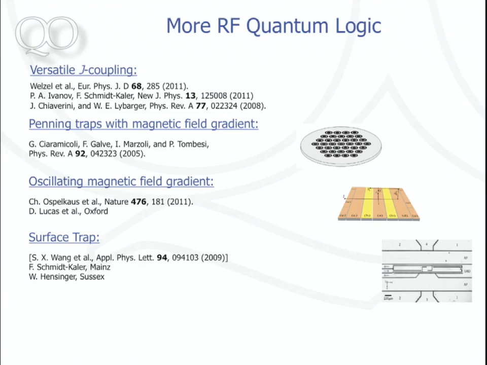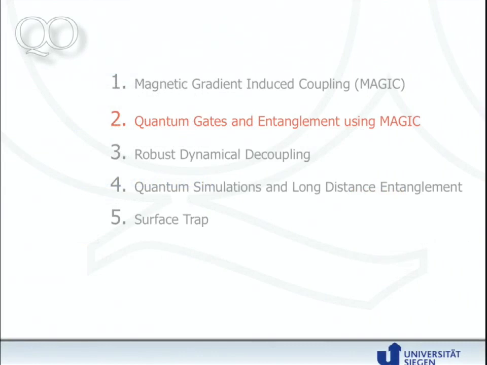Then a Penning trap scheme has been proposed where you get exactly this type of spin-spin coupling, and experiments are underway in Mainz, in Sussex, and elsewhere on making surface traps and using this magnetic gradient induced spin-spin coupling. Okay, this was the introductory part.